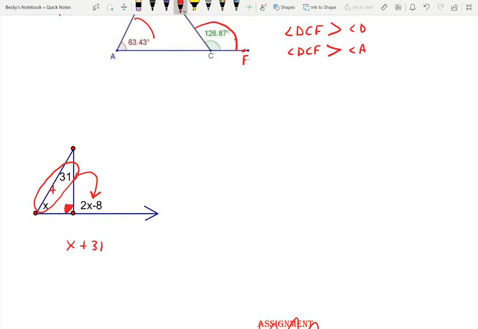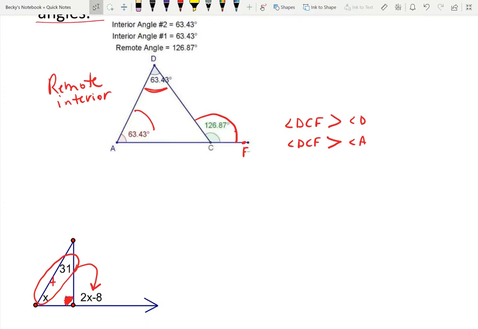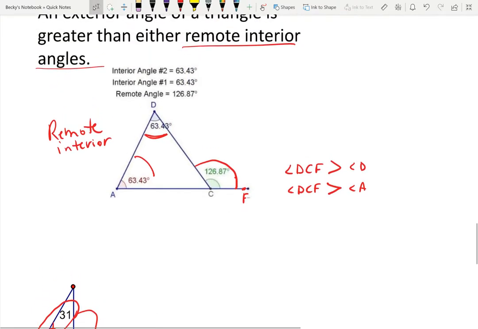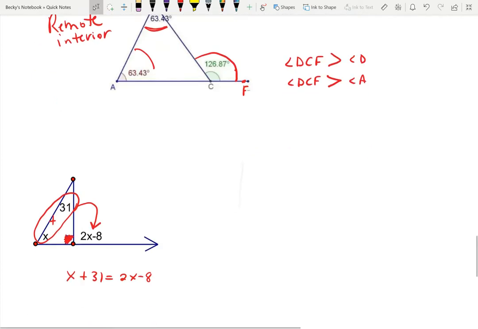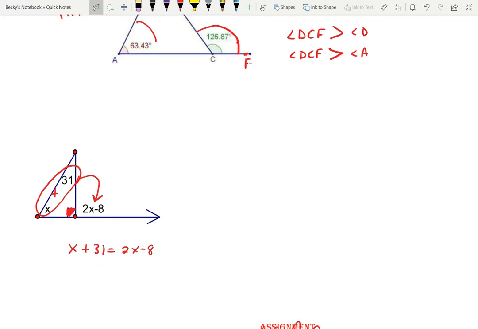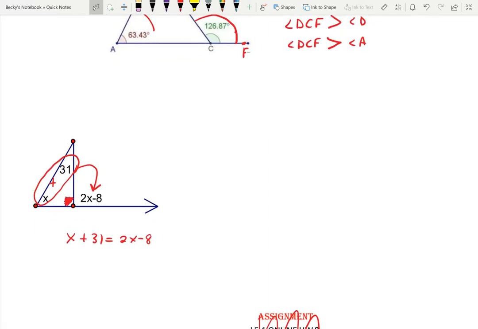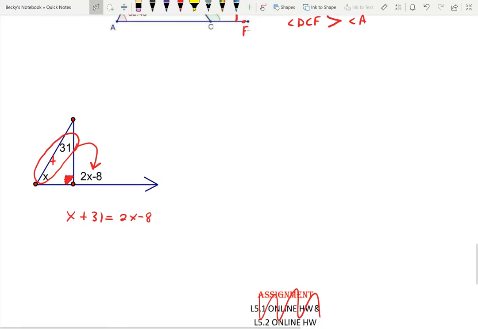X plus 31 is equal to 2x minus 8, and then you solve. You really don't have a lot of algebraic problems for this. This is more just angle names, and then you have to justify it. When you see problems like this one that is algebraic, you just have to use the theorem that's coming later. So we'll talk about it more again later.